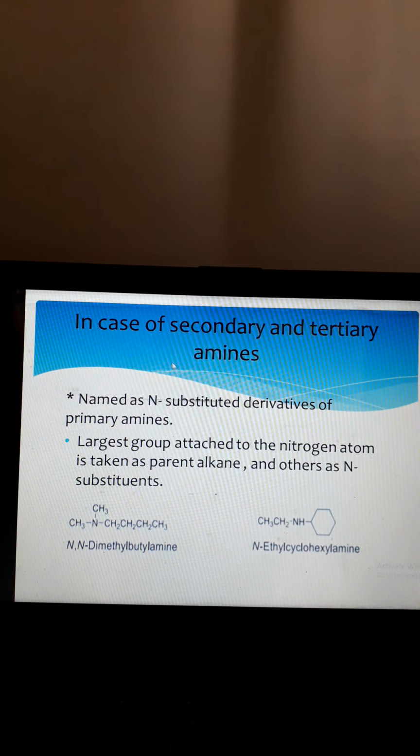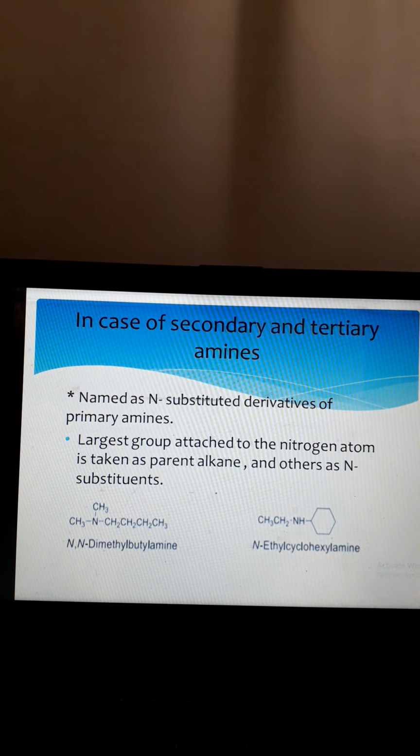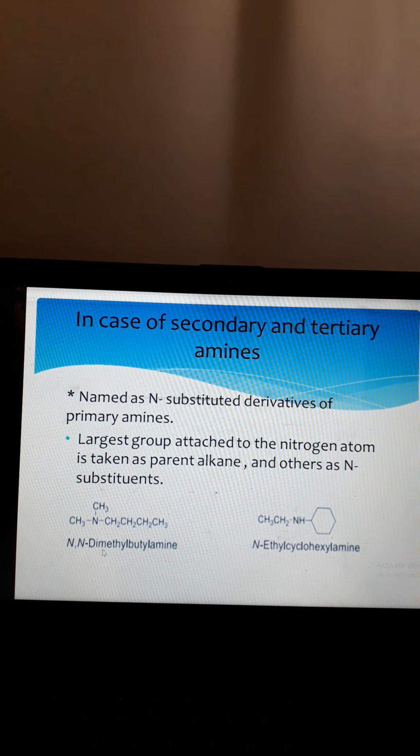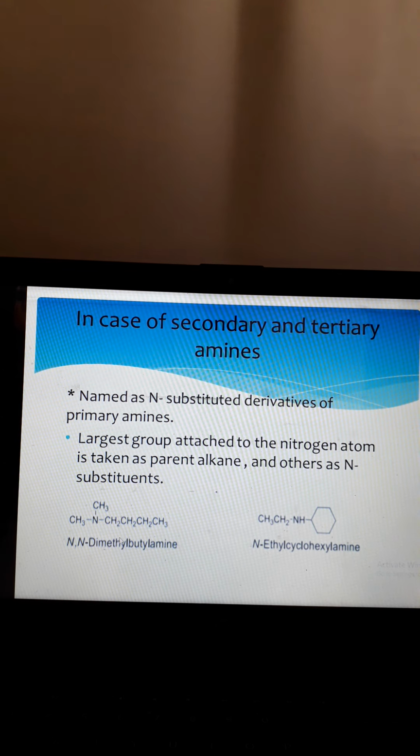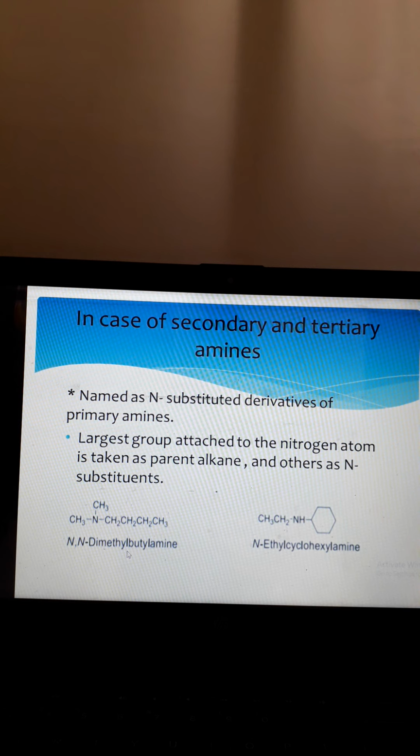In the example you can see the structure and formula are also given: N,N-dimethylbutylamine. Here the largest group, on the right hand side, is butyl amine, and dimethyl, why? Because two methyl groups are attached.